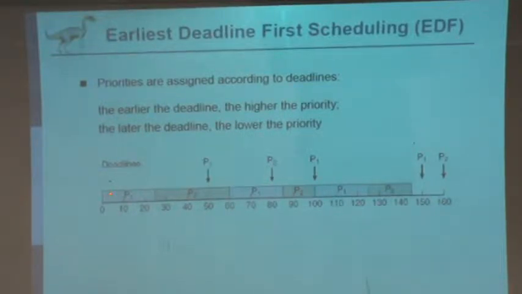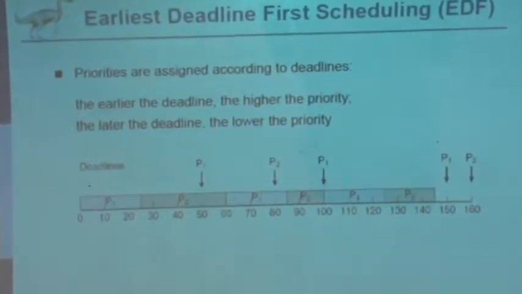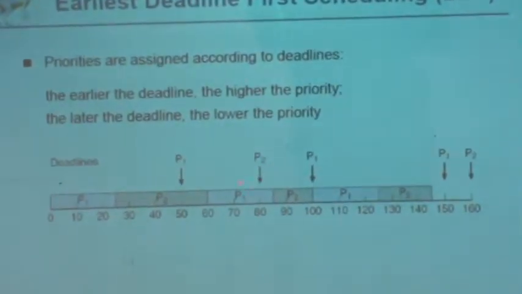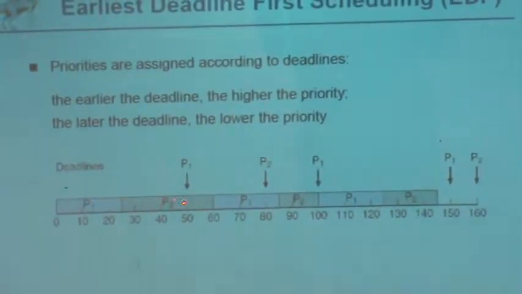For example, at this time P1's deadline is the period here, and P2's is here, so P1 will be selected because it has the earlier deadline than P2. And this time P2 will be selected, P2's deadline is here, and the new deadline of P1 is here, and so on. So this is another approach to guarantee a real-time operating system.